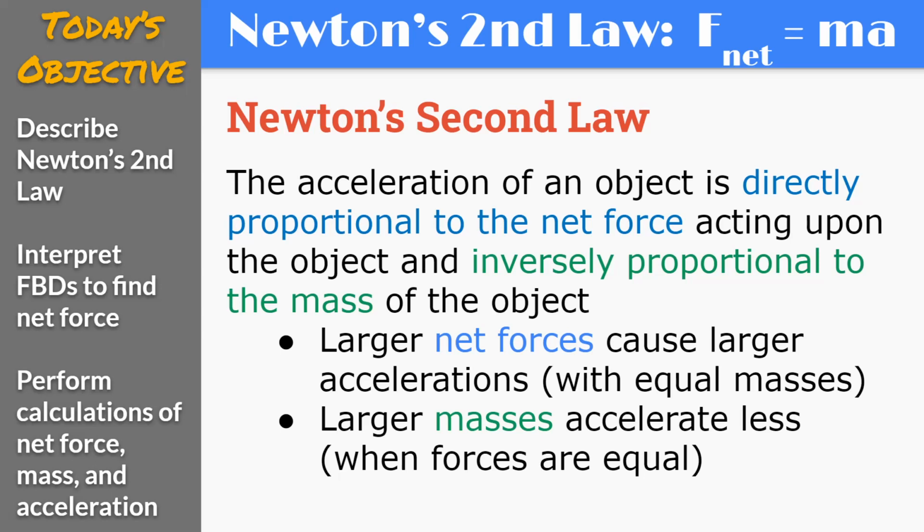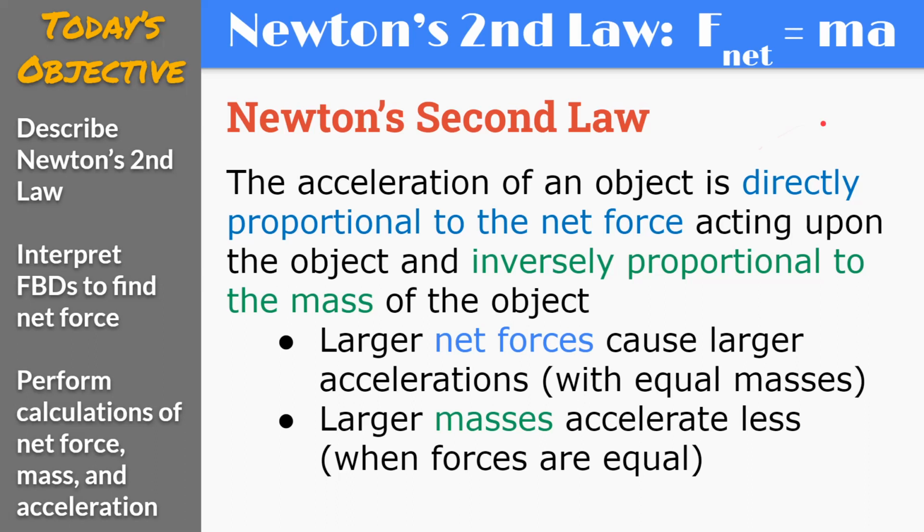That means larger net forces cause larger acceleration, so long as you're comparing equal masses, and that larger masses will accelerate less, as long as you're comparing equal forces. So if you want to add it to your notes, the acceleration of an object is directly proportional to the net force acting upon the object and inversely proportional to the mass of the object.